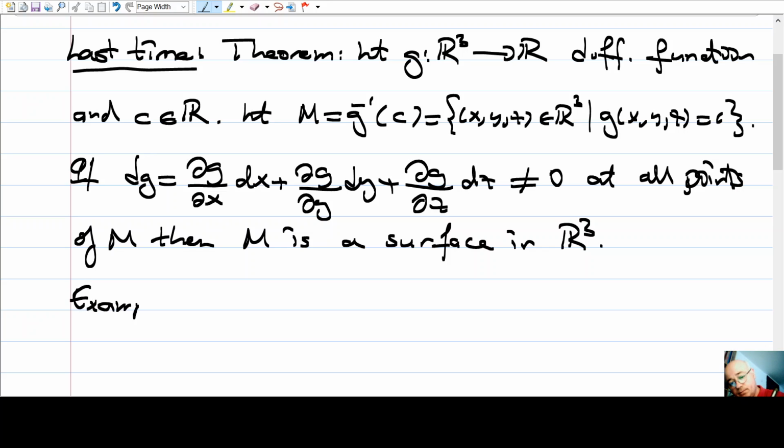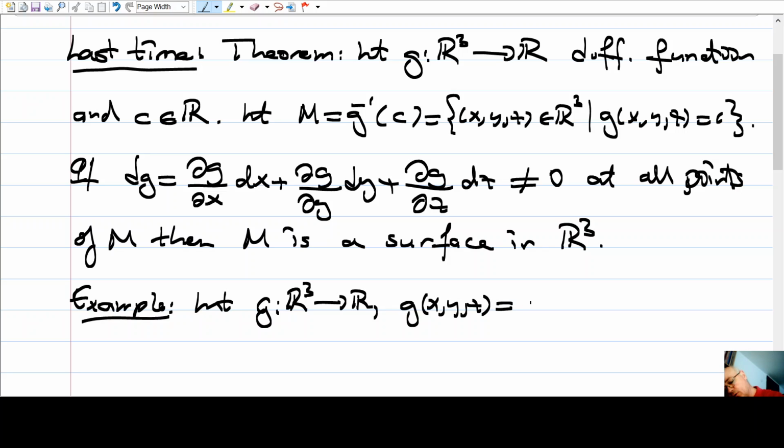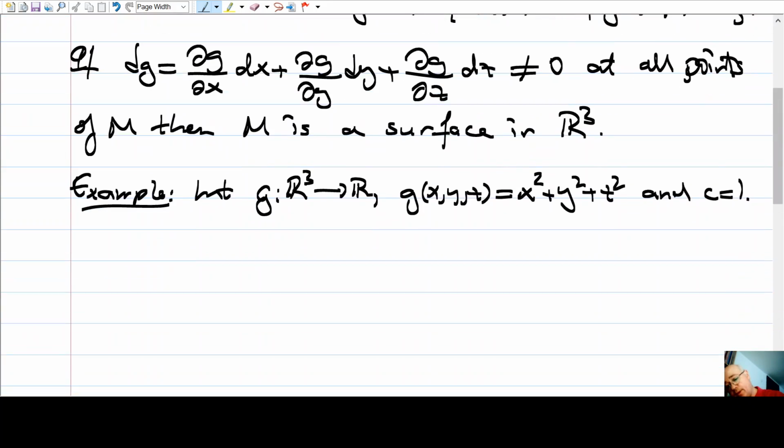So let G be the following function: G of x, y, z is equal to x squared plus y squared plus z squared, and let C be the real number 1.